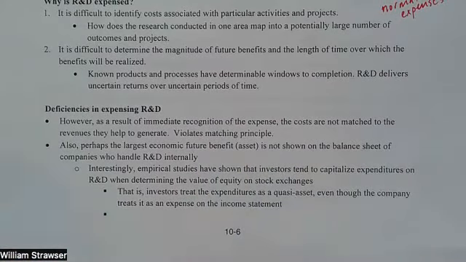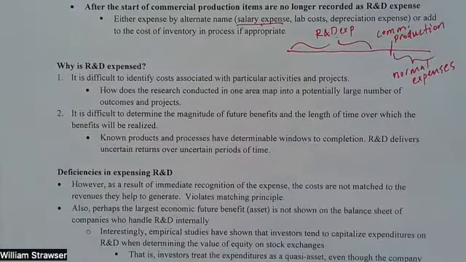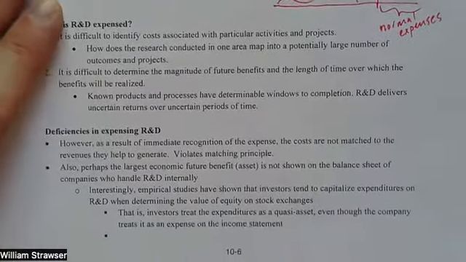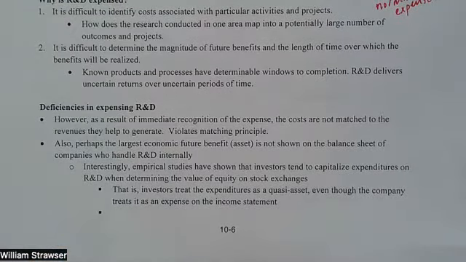But it's tolerable because, like I said, it's hard to really determine how long it's going to be until we can match those costs. Another big drawback is that because we're expensing, we're not allowed to capitalize any of these expenditures.